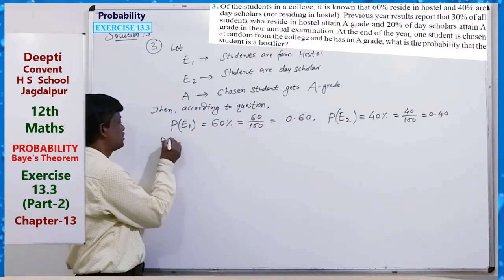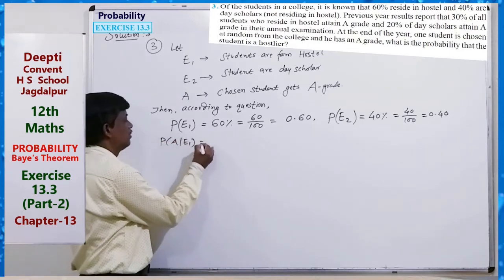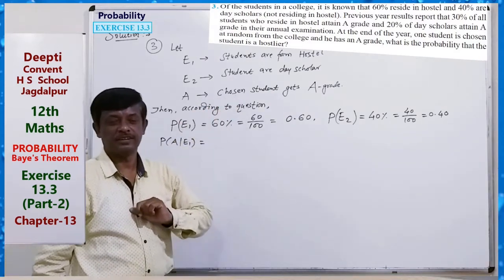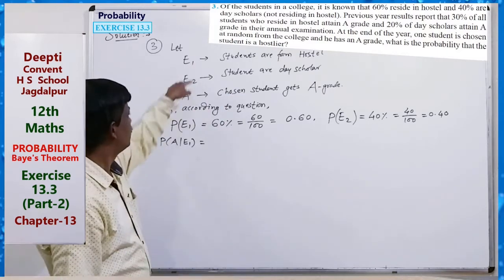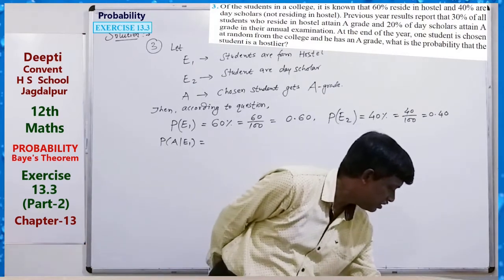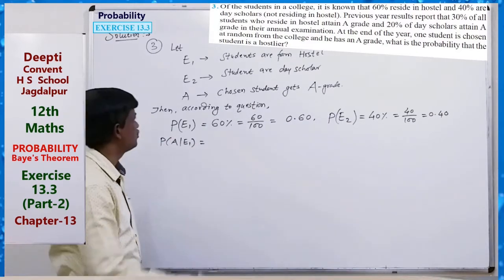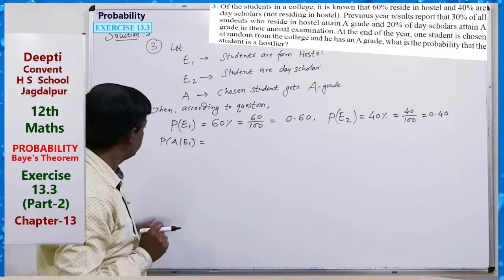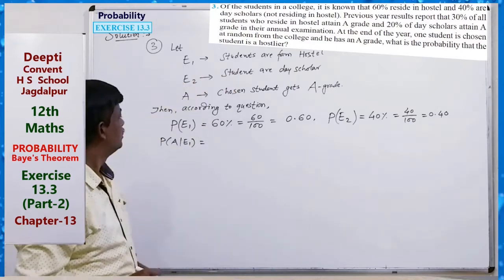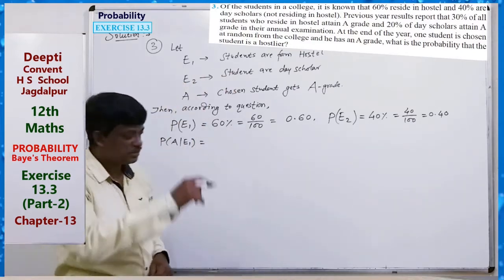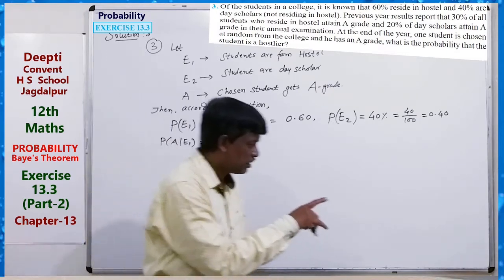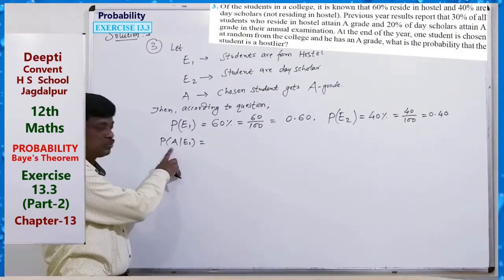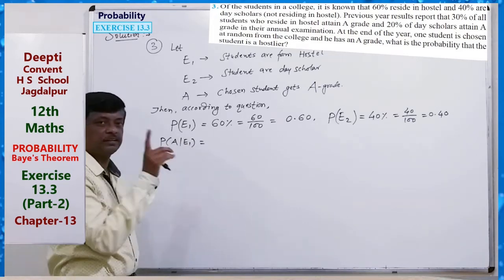Okay. And also, what we have to find is the probability that an A-grade student is from hostel, that is, E1 by A. The student is a hosteler, from hostel. So we have to find P(E1 by A), and for that we require P(A by E1). From hostelers, it is given that hostel students getting A grade are 30%.